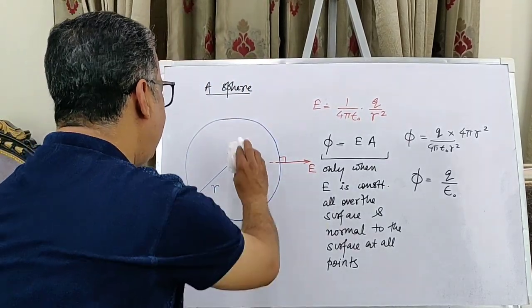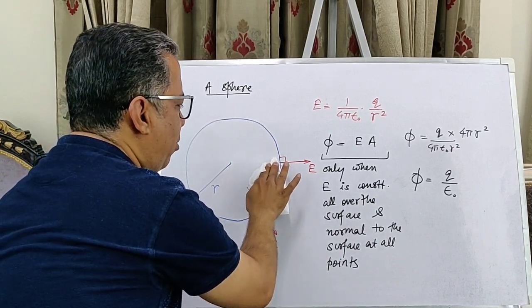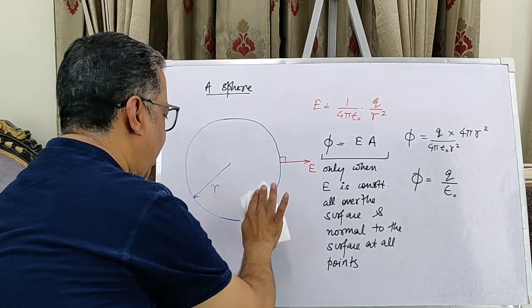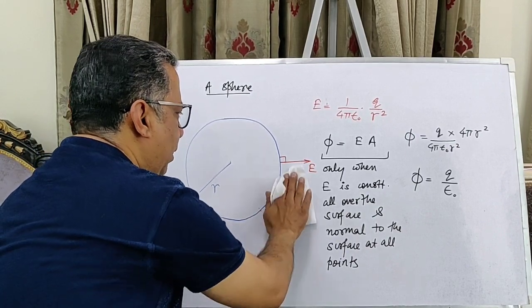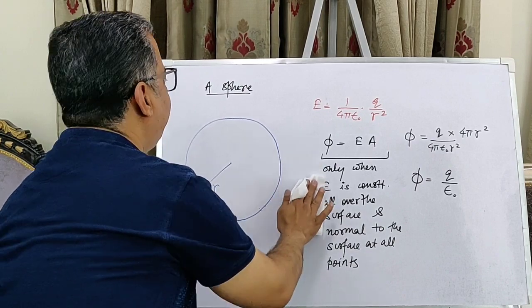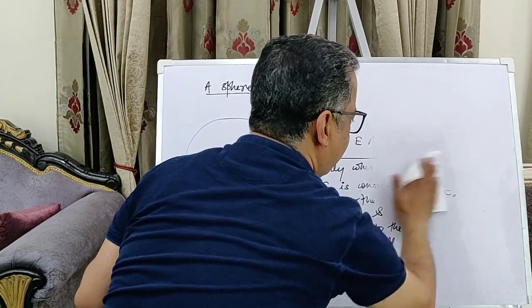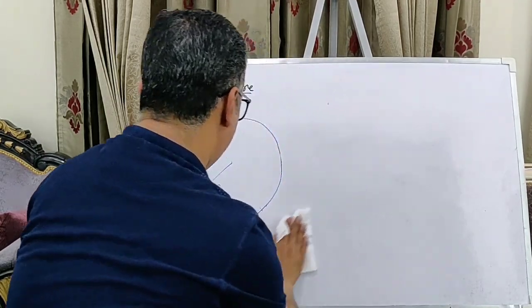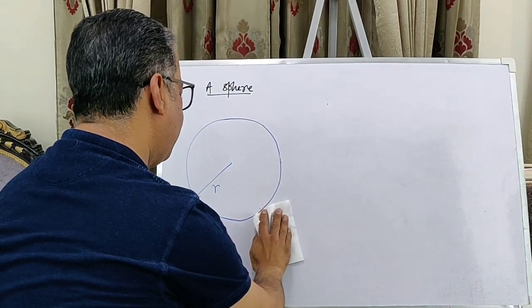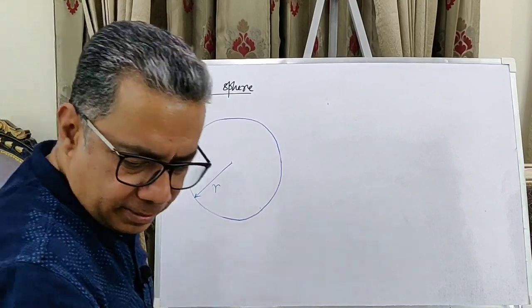Now what I am going to do in the next example, we're going to make a very small change in what we are looking at. So we still have the same sphere, but what's going to change now is the placement of that charged particle which we had placed at the center.